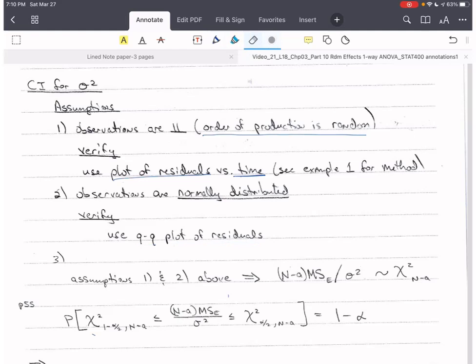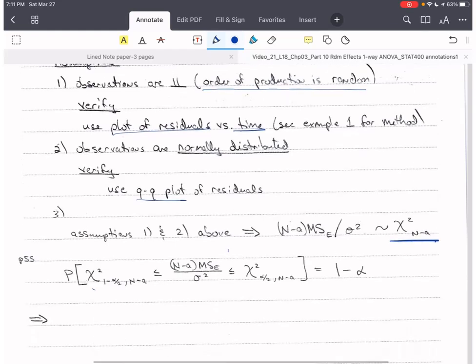Okay? And so the observations are normally distributed. That's another assumption. And again, we need to verify that, and we can use the QQ plot of the residuals to do that. Assumptions 1 and 2 imply that n minus a times MSE divided by sigma squared has a chi-squared distribution with n minus a degrees of freedom.